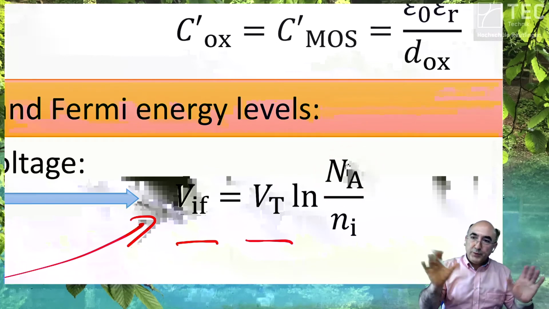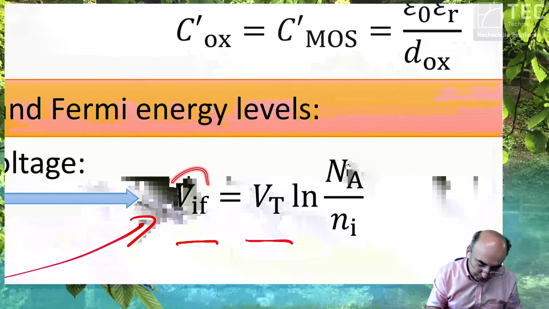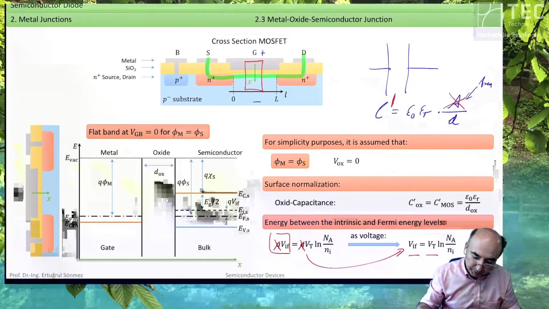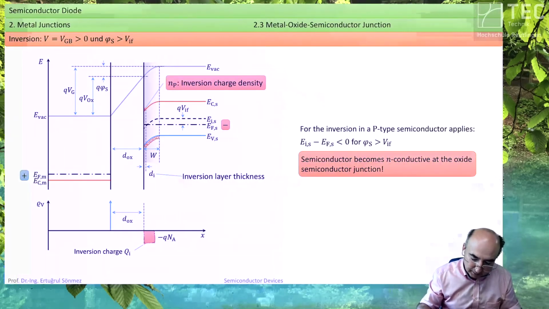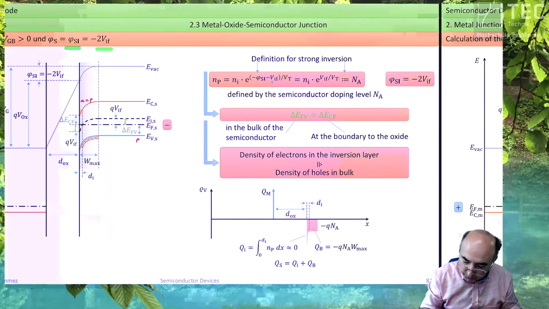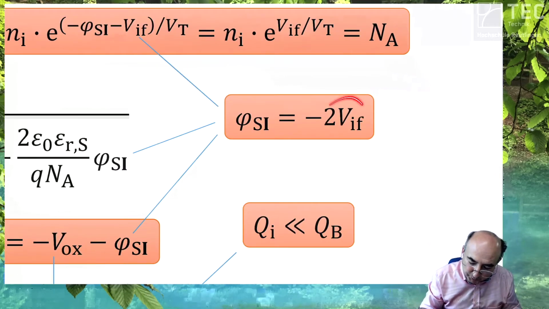So we take one arbitrary doping level. We have one arbitrary VIF, intrinsic Fermi distance. If we have this arbitrary Fermi intrinsic distance, we have for sure the value for 2 VIF.